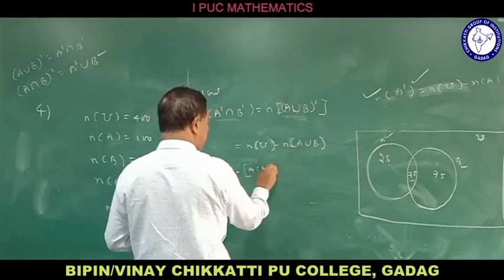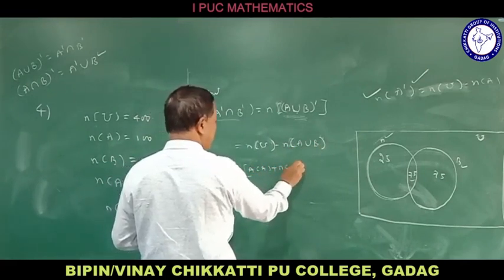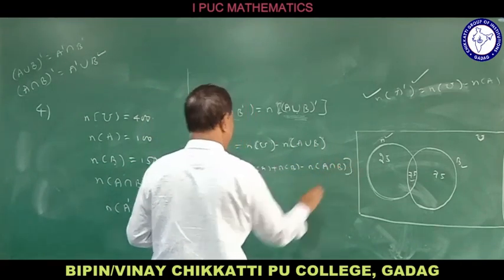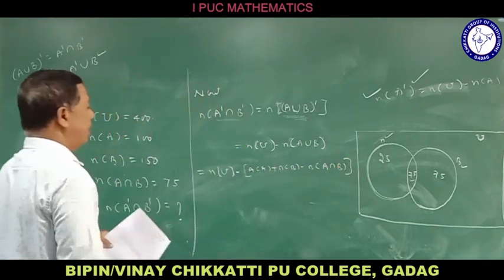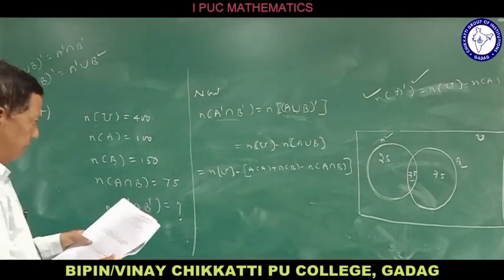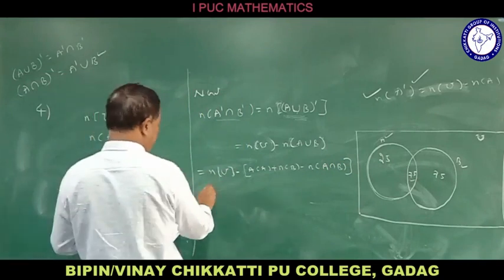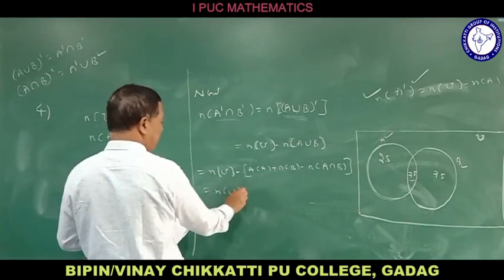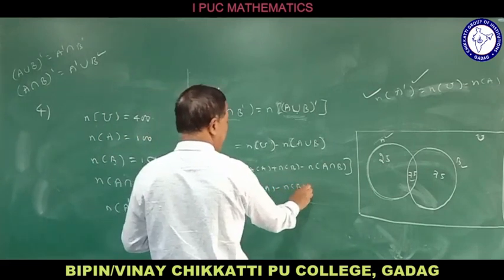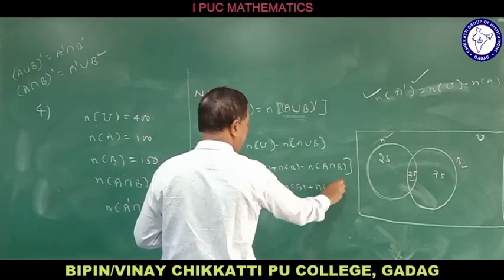N of A plus N of B minus N of A intersection B. Yes, this is the case, and you have to simplify it. If you open the bracket, what happens is N of U minus N of A minus N of B plus N of A intersection B.